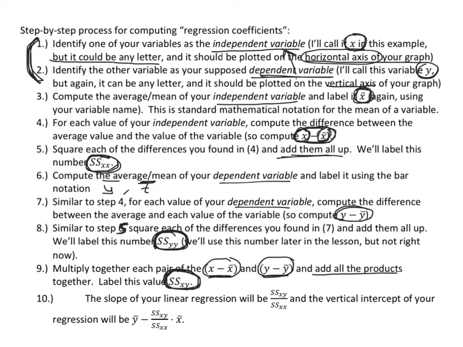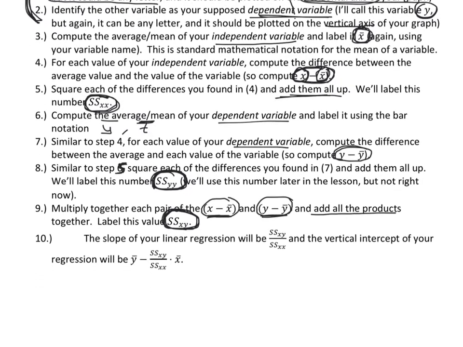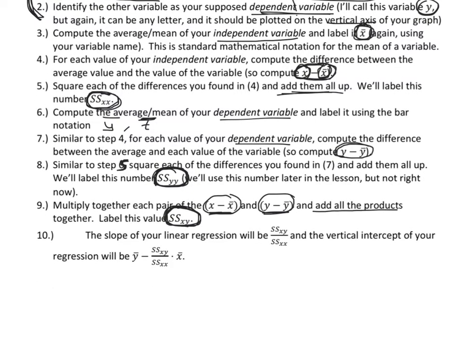Finally, now that we've done all of this stuff, there's a fairly straightforward formula that we're going to use to actually find the equation of our regression line. So the slope of your regression line is found by doing SSXY over SSXX.